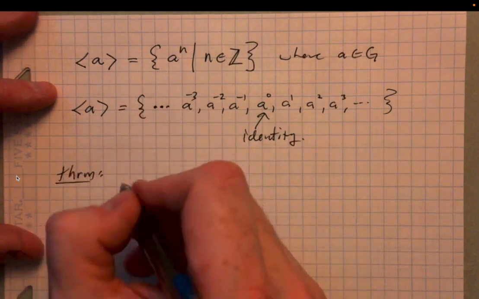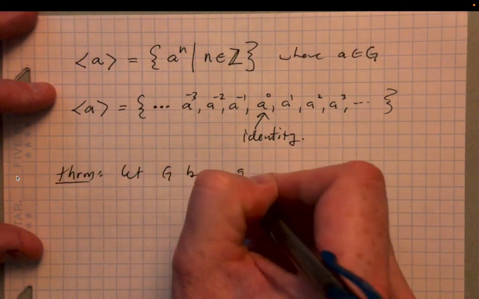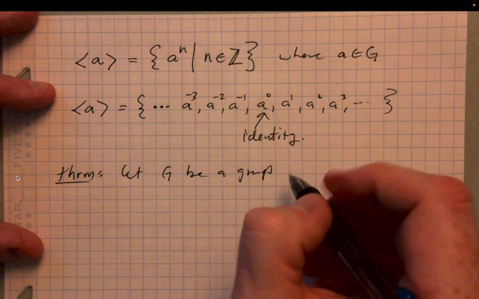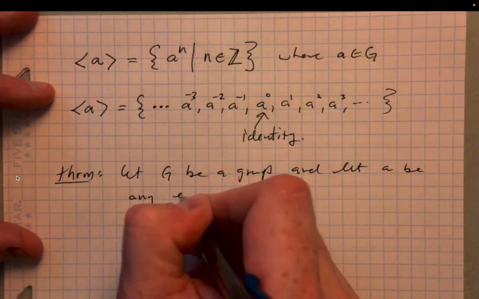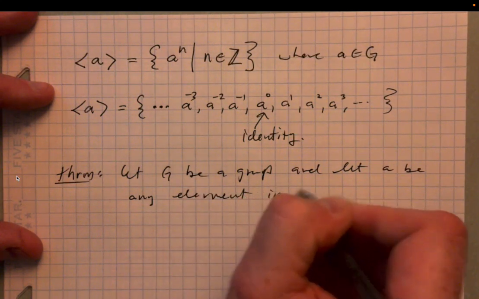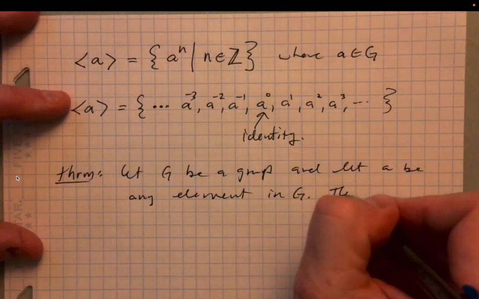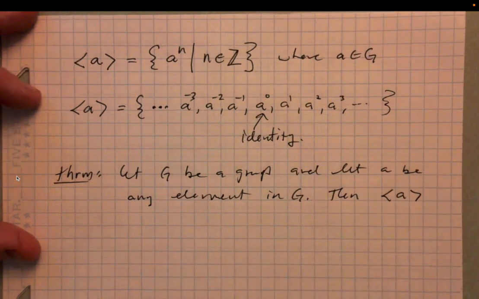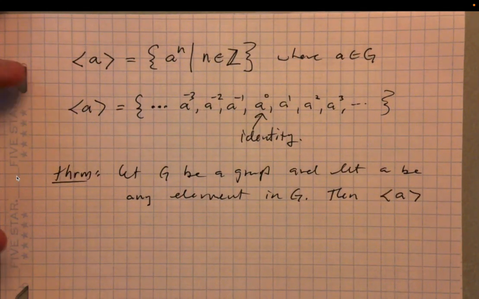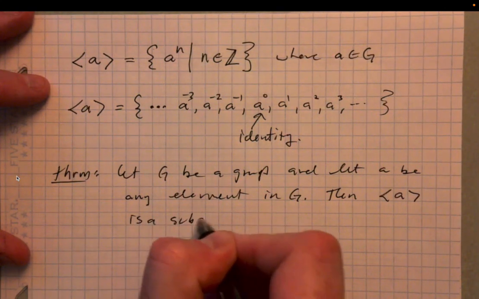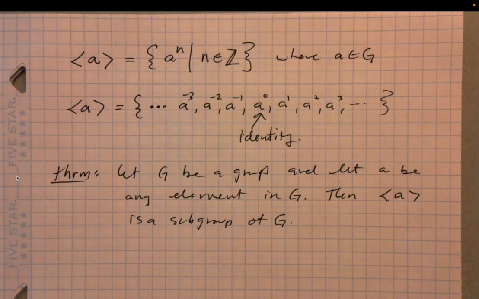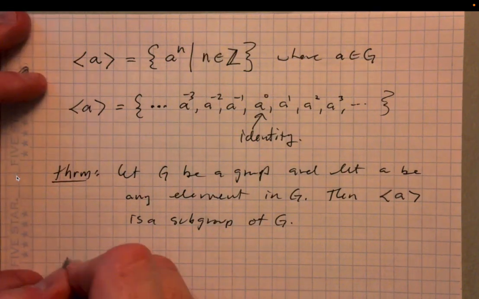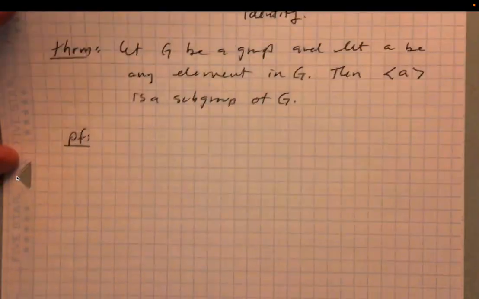Okay, so let's prove that this is a subgroup. So theorem: let G be a group, and let A be any element in G. Then A, as we've just defined it, the subgroup, is a subgroup of G. We can prove this one really quickly using the previous theorems.